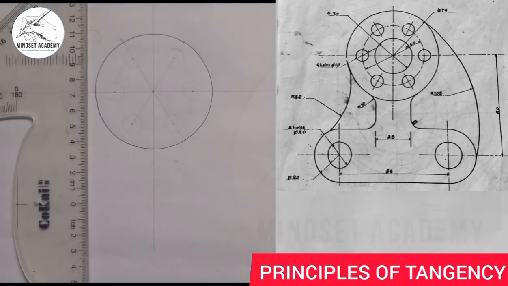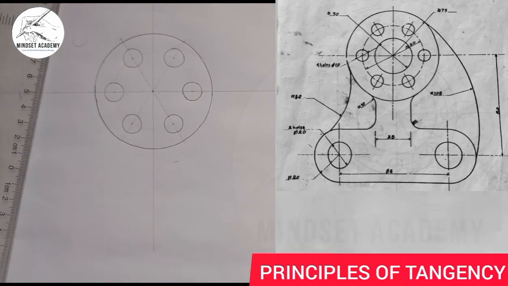So I'm taking them out this way. That is the 6 circles that we have there, taking them out.